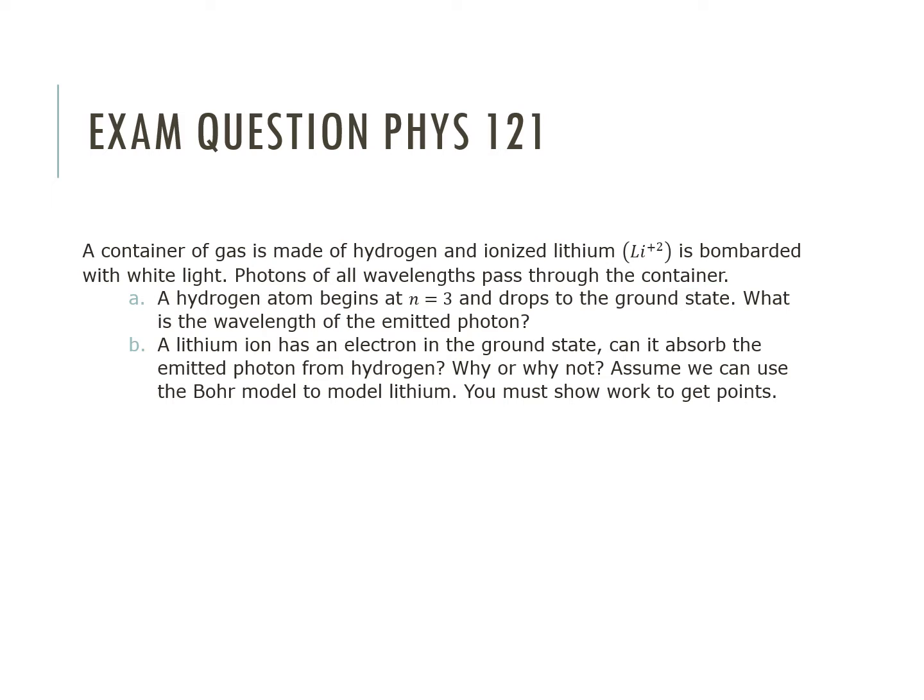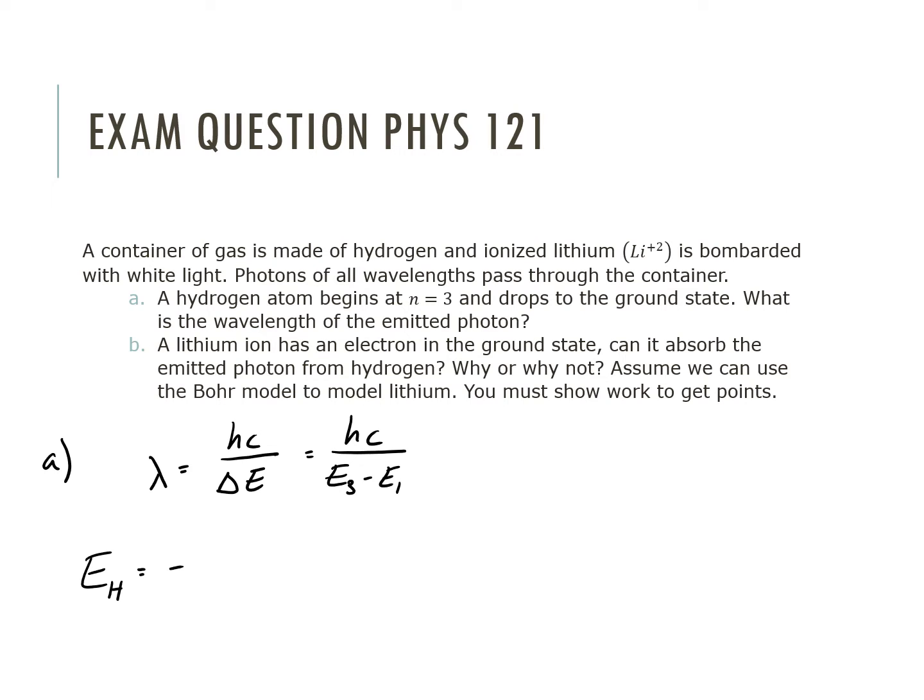So for A, we are dropping from an excited state to the ground state. In part A, we are trying to find the wavelength. So we have hc over the change in energy, where that change in energy is going to be energy 3 minus energy 1. So we need to calculate those energies first.